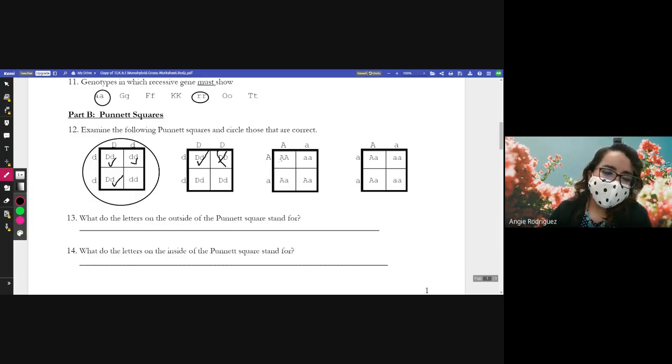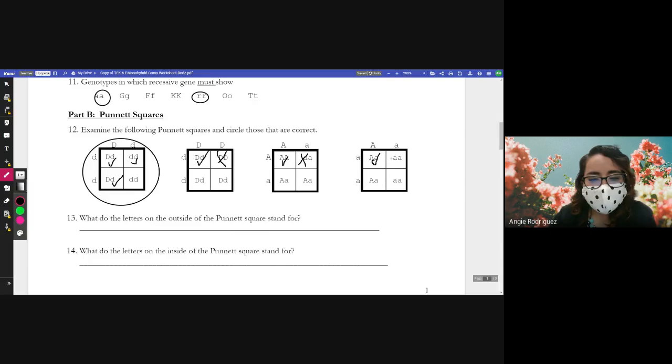So the next one, big A, little a, this one is right or correct. Next one, I have a little a. That one's wrong because it's supposed to have a big A, right? So if this one's wrong, the whole thing's wrong. And we skip to the last one. Next, big A, little a. Yes, this one's good.